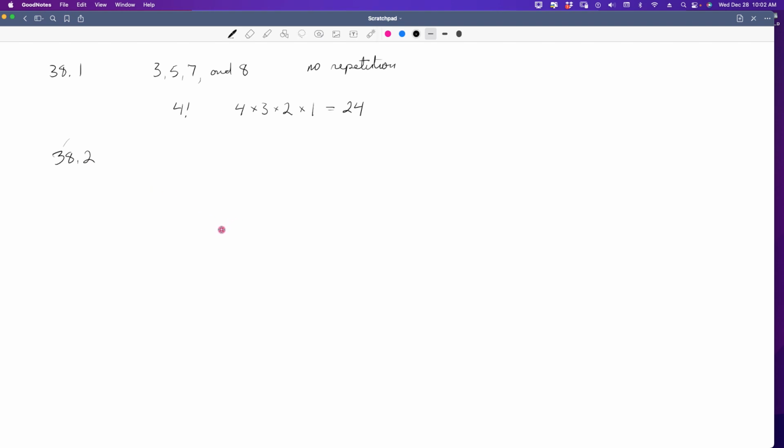This one is saying how many 4-letter signs, so 4 letters, out of the word equal, if repetition is permitted. So with repetition.